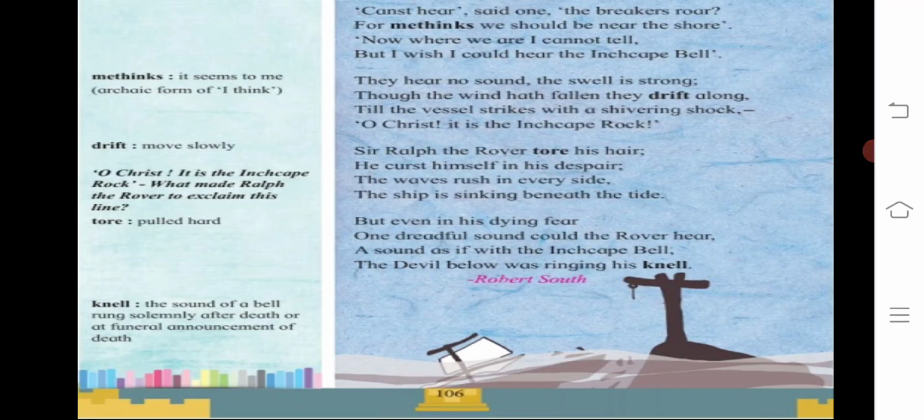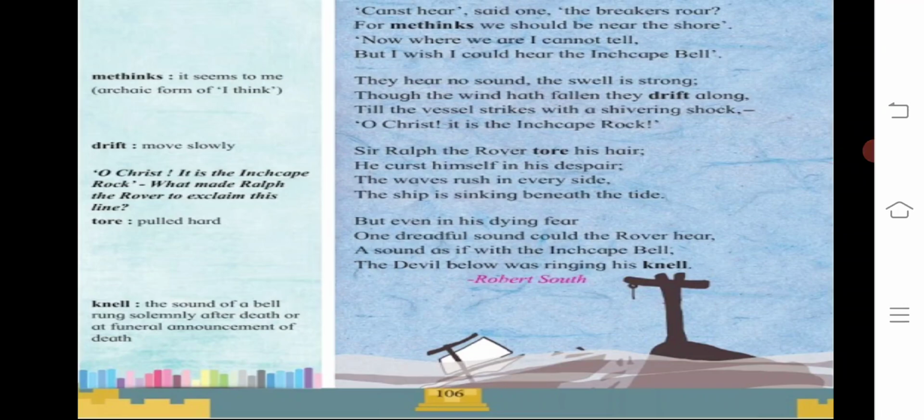So one of the sailors mentioned, don't you hear that particular roaring sound of the breakers, the waves rushing after something and coming back? Methinks means I think. In archaic form they use methinks, but in day to day life we say I think.